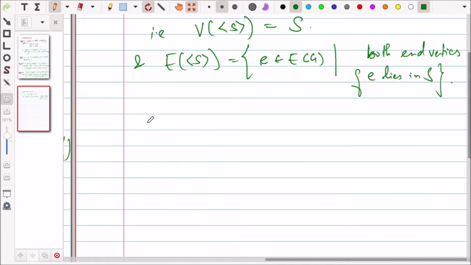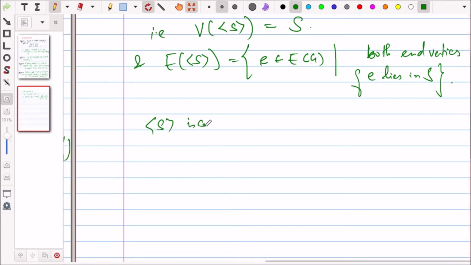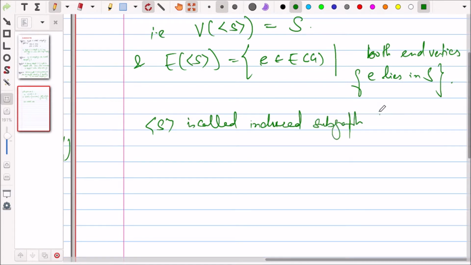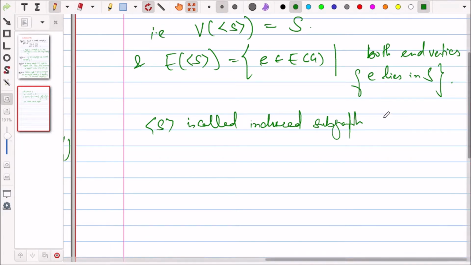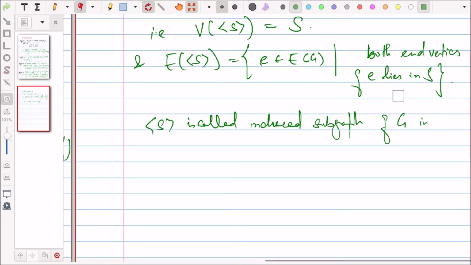So S is called the induced subgraph of G induced by S. So induced subgraph is the maximal subgraph with the vertex set S. Okay, is it fine?